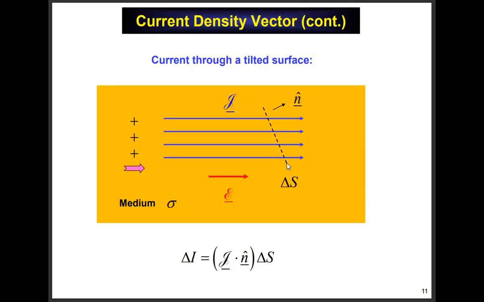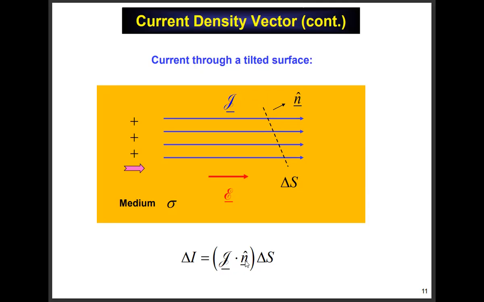But the component of the velocity vector in the normal direction, those are the ones hitting the surface dead on and crossing the surface, right? So that's the component that contributes to amps crossing the surface. So in this general picture, here's what we do. We say the J vector dot the unit normal, take that component, which is really the component crossing the surface, and then times the square meter area of the surface.